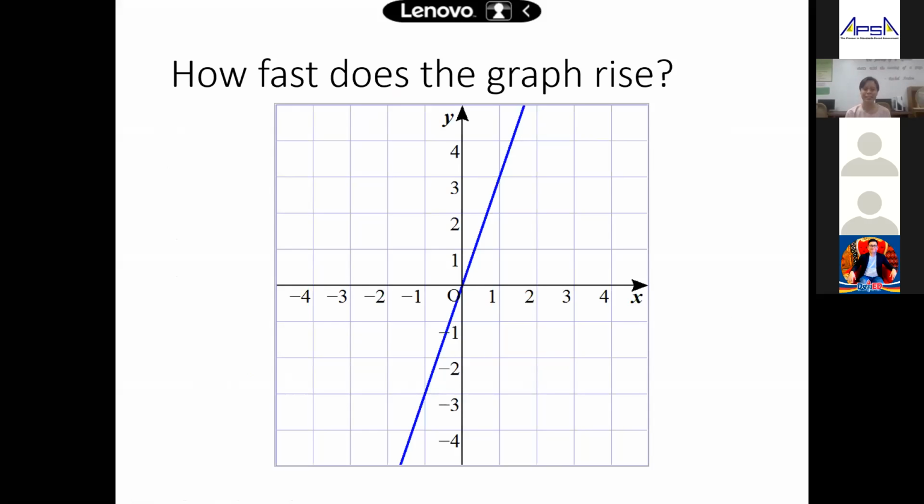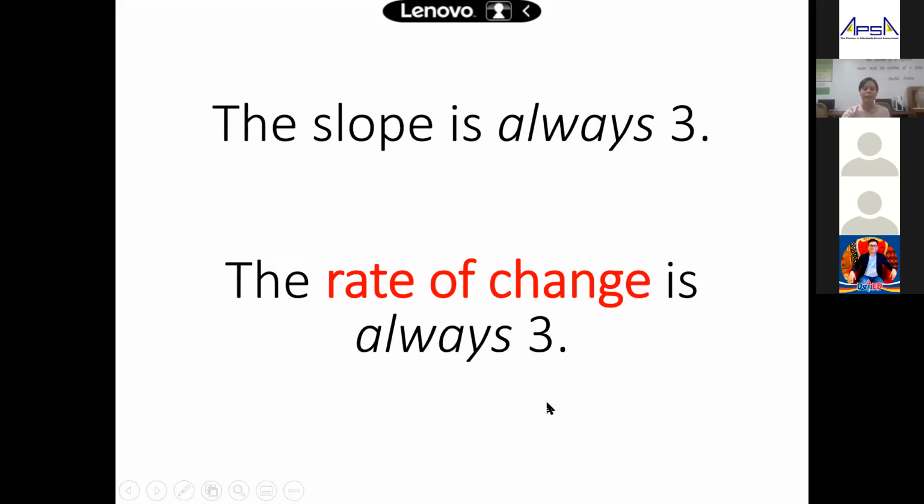What is the slope of the line that you see in front of you? Okay, so how fast does the graph rise? Okay. So hopefully you have the answer on your head or maybe type it down as a comment. So what is the slope of the graph? The slope is always 3.